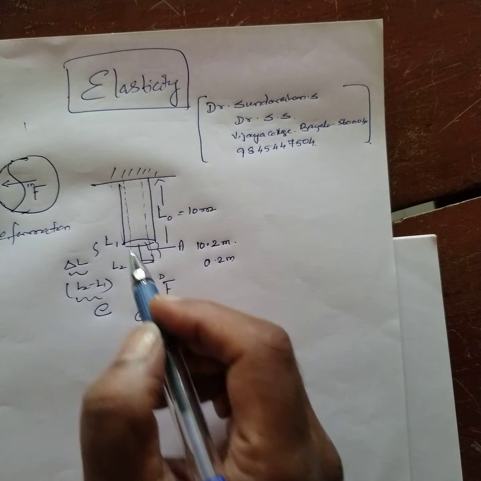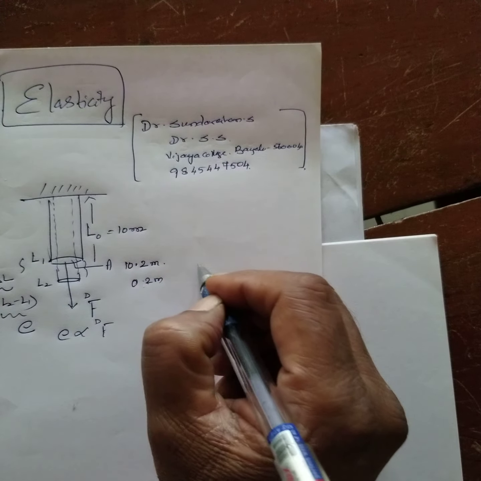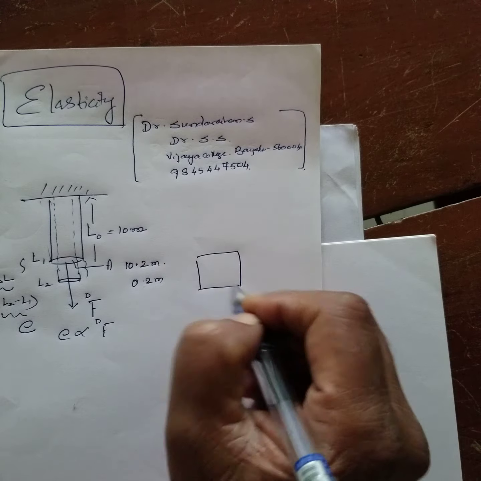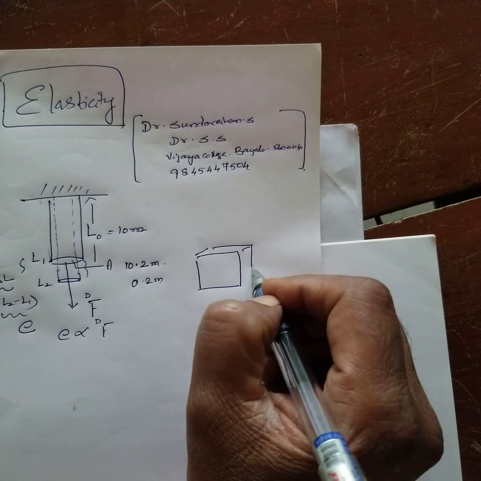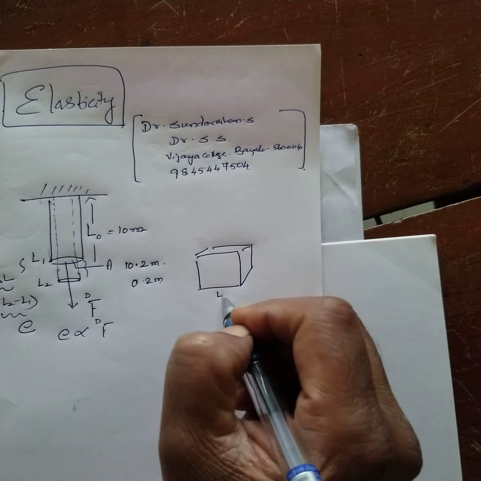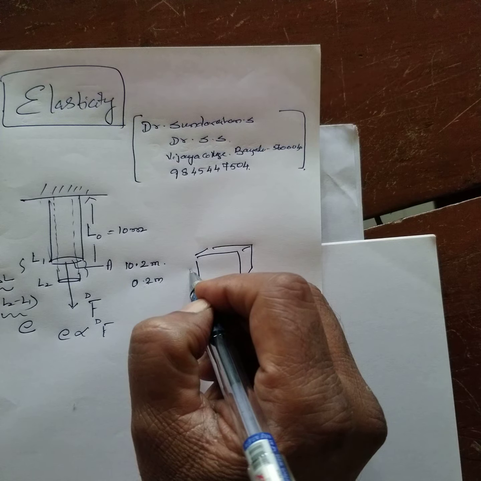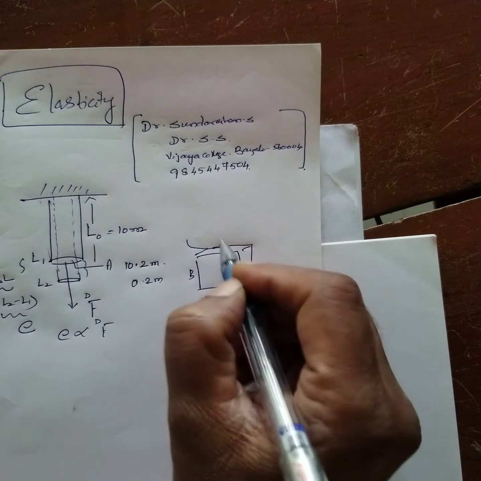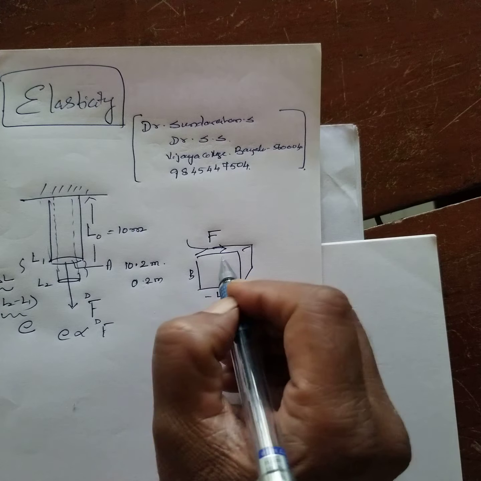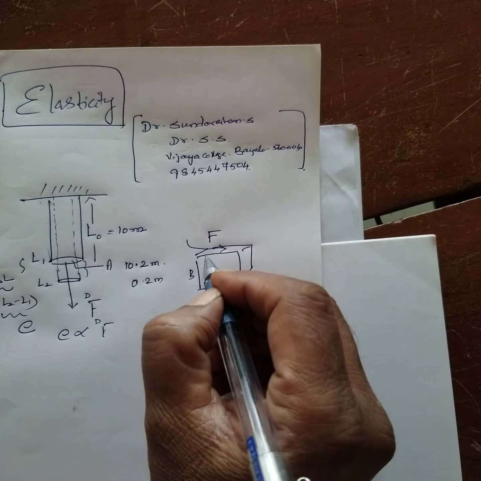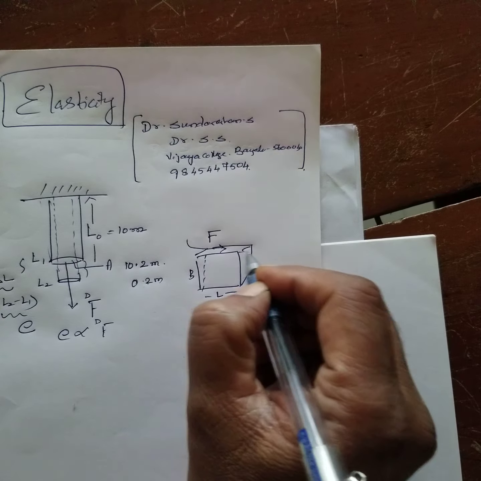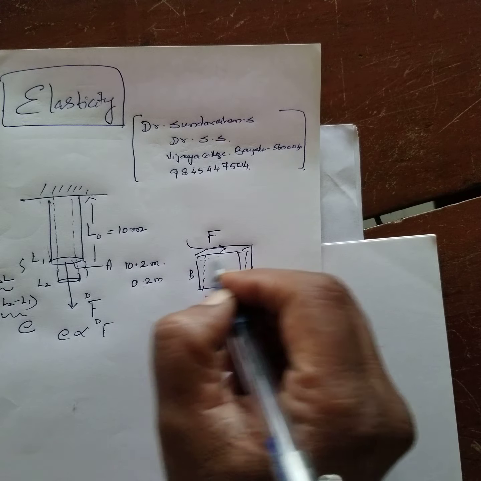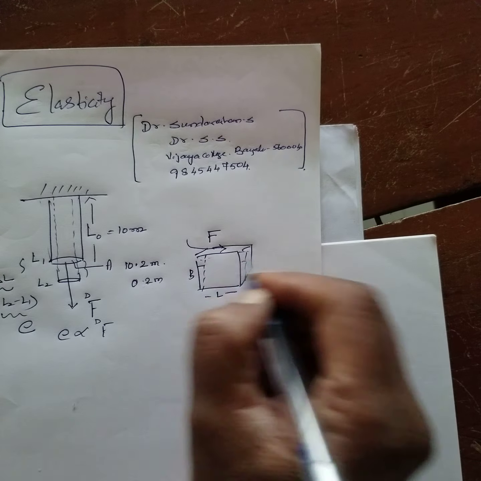In the same way, if you have a book, this is the length, this is the breadth, something like that. Then I am applying a force. When I apply a force on such a thick book, what will happen? There is a displacement that takes place.